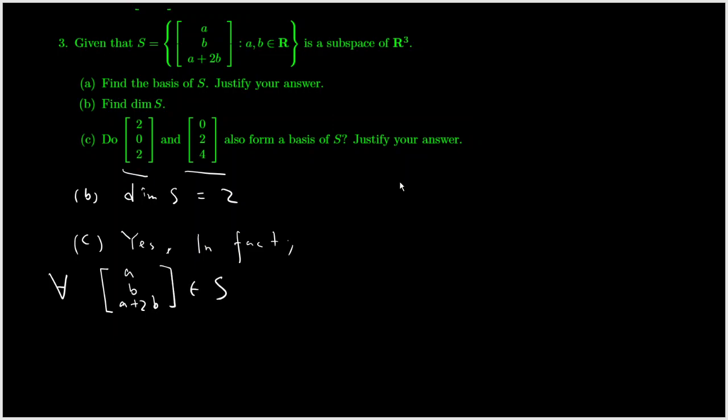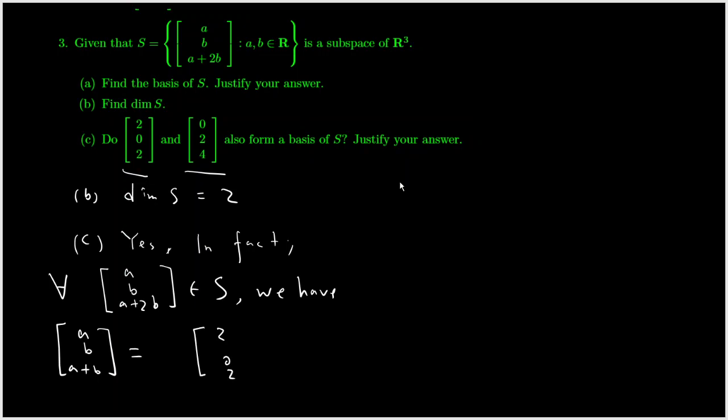In S, we want to show each vector is a linear combination of the two vectors in question C. For each vector in S, (a, b, a plus 2b), we want to show it's a linear combination of the two vectors in C. By that we mean we want to write each vector in S as a linear combination of the two vectors.